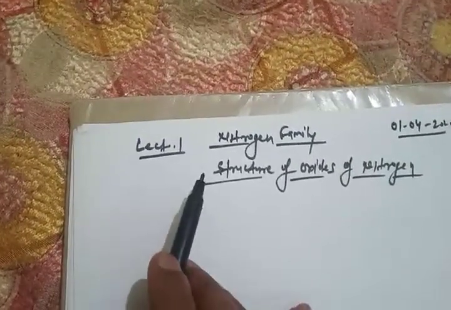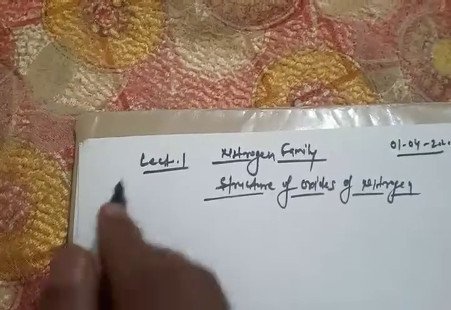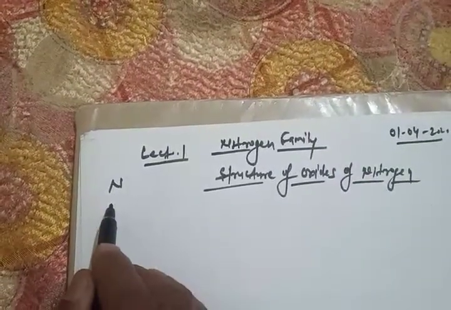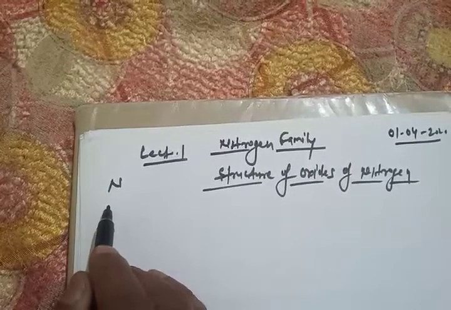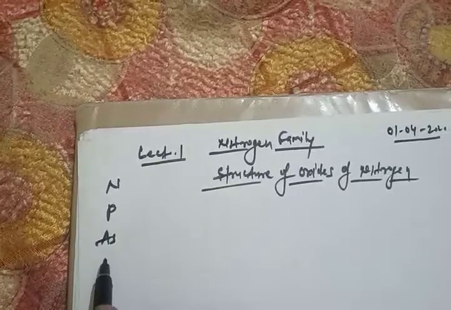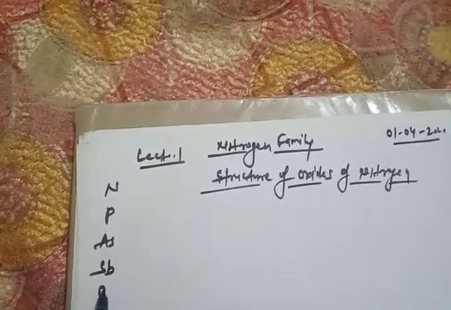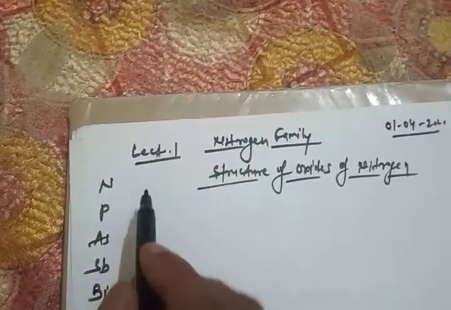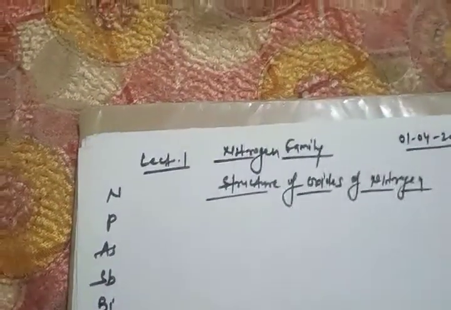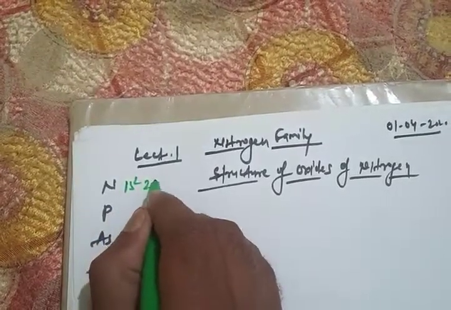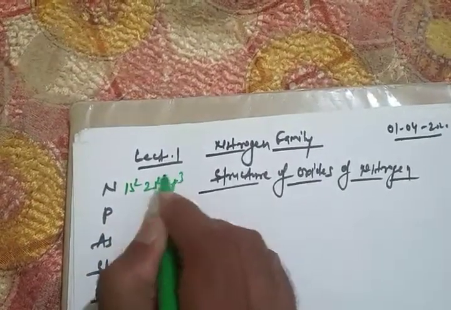The members of the nitrogen family are nitrogen, phosphorus, arsenic (As), antimony, and bismuth. The electronic configuration is 1s2, 2s2, and 2p3.